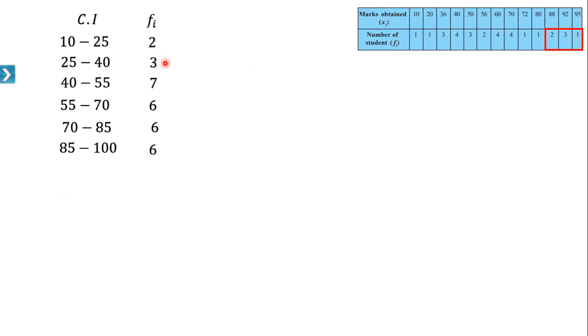Now, we have to find the mean. To find the mean, the formula is x bar is equal to sigma Fi xi divided by sigma Fi. But here we do not have xi, we have class intervals, that is 10 to 25, 25 to 40.